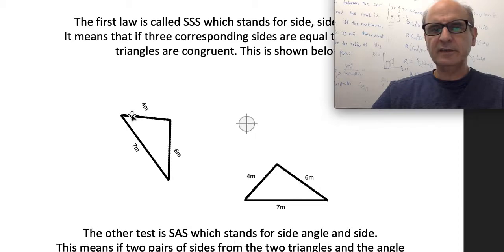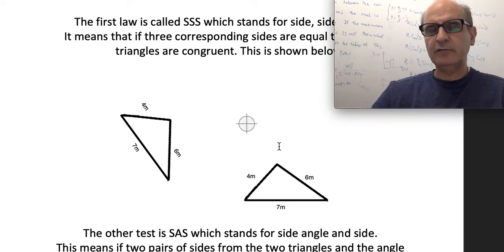For instance, here I have this side as 4 meters, and I have this side from the other triangle also as 4 meters. This side is 6 meters, and from the other triangle I've got this side as 6 meters. This is 7 meters and this is 7 meters. So all the three sides are equal.